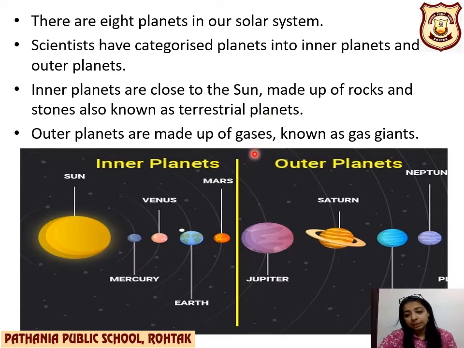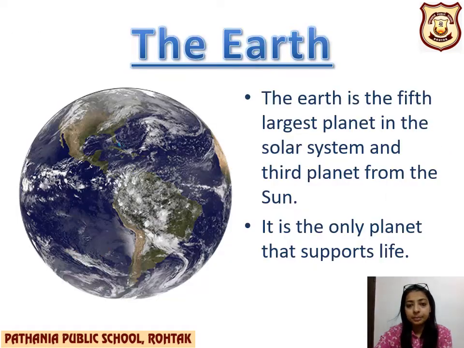On the other hand, if we talk about these 4 planets, you are able to see that these are the big giants. इस size में ही इतने बड़े हैं, and also just because these are made up of gases, so these are known as gas giants. So inner planets are called as terrestrial planets and outer planets are called as gas giants.